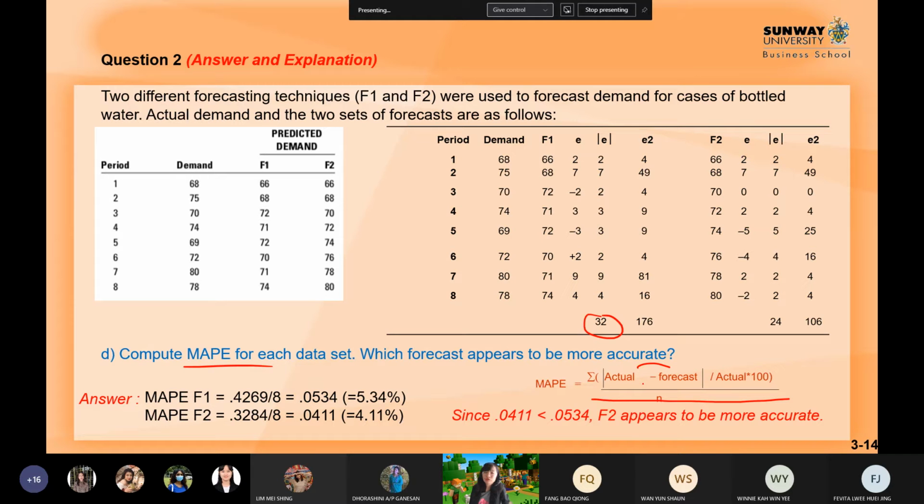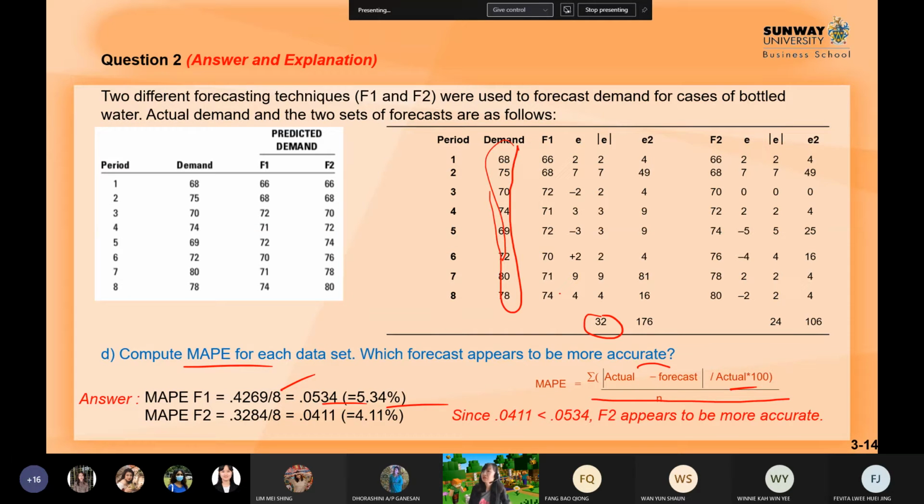The error, the difference, is divided by the actual. Then divided by 8. You get a percentage, 15.34.